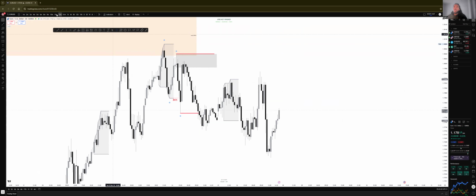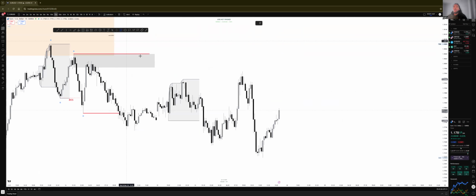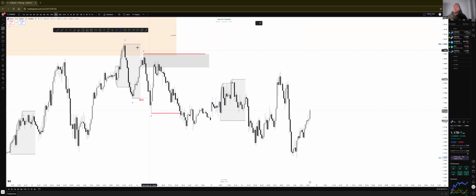Even then, you can still do what we also taught you to do, which is from the swings, this high led to this low and broke structure. You want to know where the equilibrium is that price would like to retrace to. You use your fib tool. And where did it come to? Right there above the 786 range.